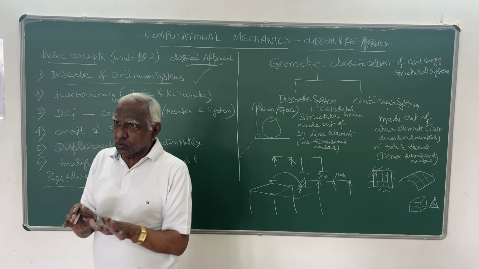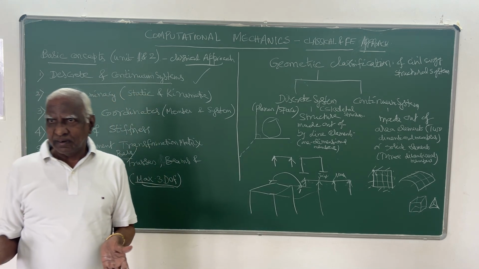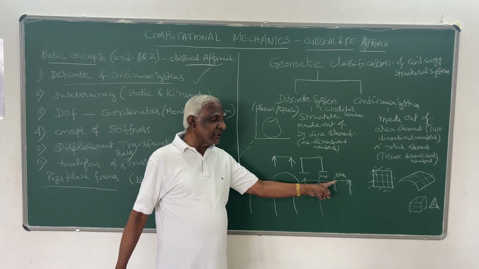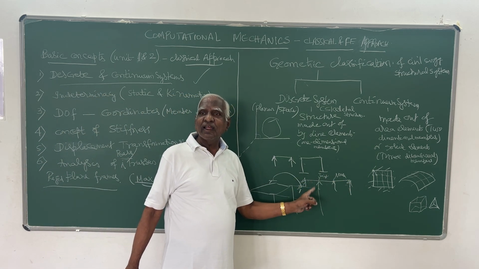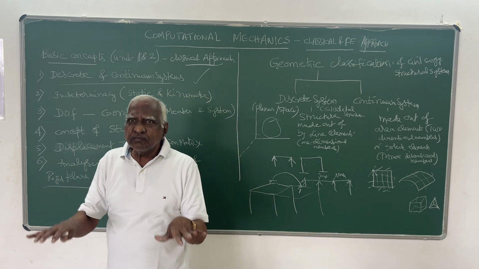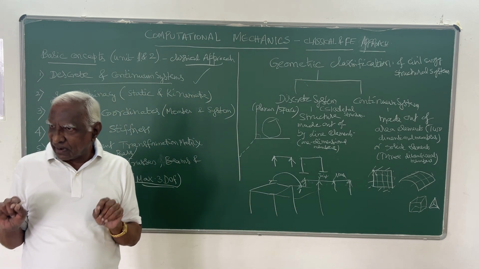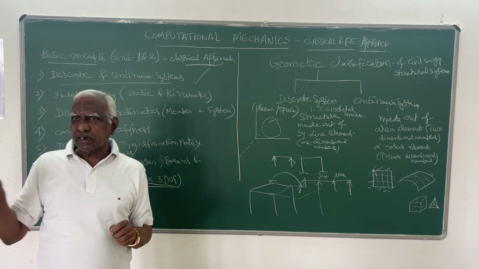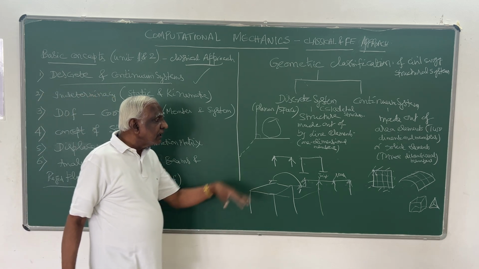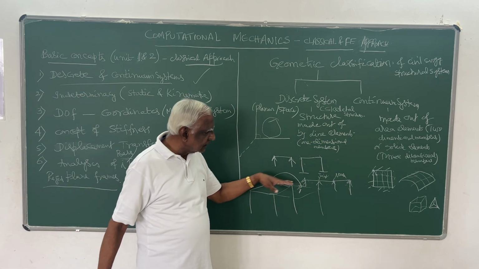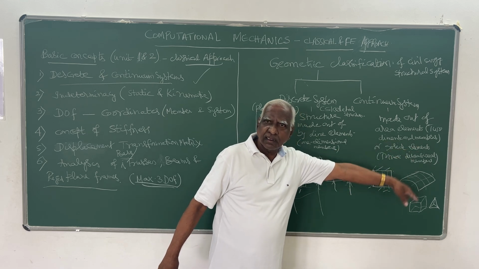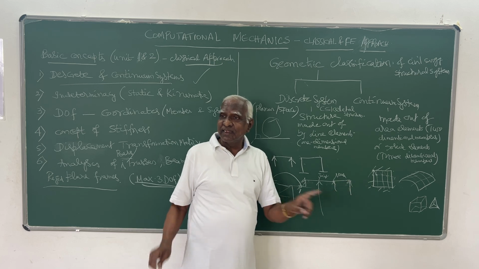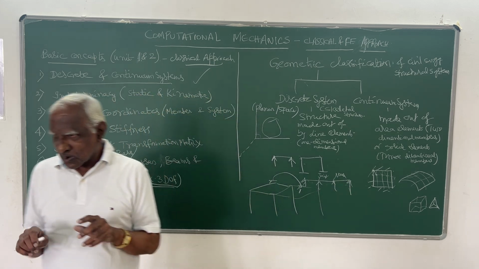And all the unknowns we have to determine during our analysis of structure, we consider only at these nodes or at the joints. Similarly, the loads to which this particular structure is subjected are also considered to act only at the joints or nodes.